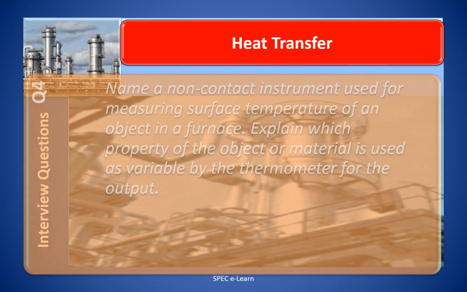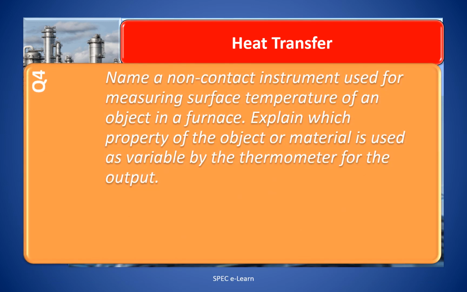Question number 4. Name a non-contact instrument used for measuring surface temperature of an object in a furnace. Explain which property of the object or material is used as a variable by the thermometer for the output.